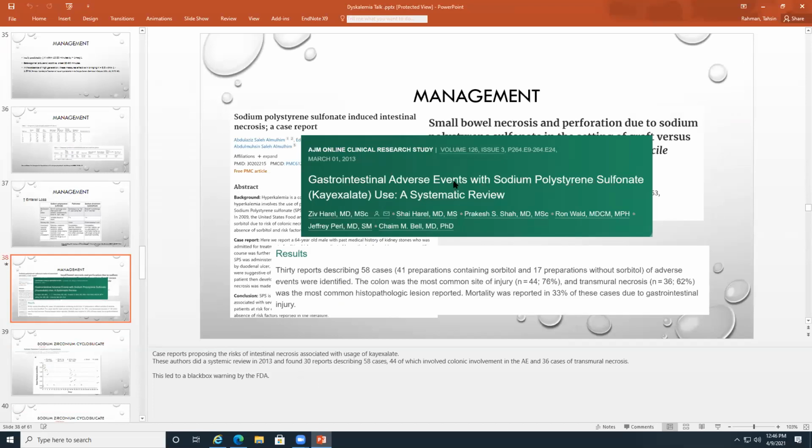These guys actually did a systematic review in 2013 and found 30 reports showcasing 58 cases, 44 of which involved colonic involvement, and 36 cases had transmural necrosis, which led to the black box warning.